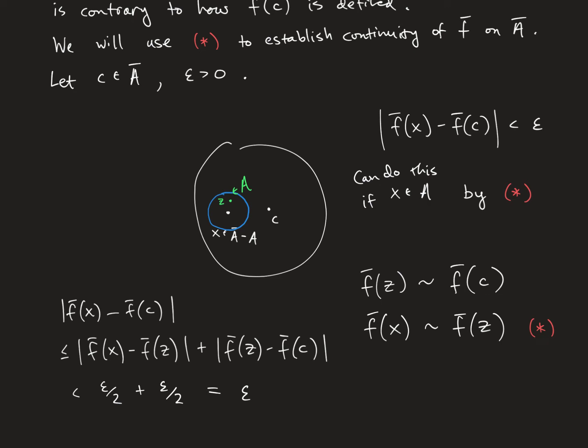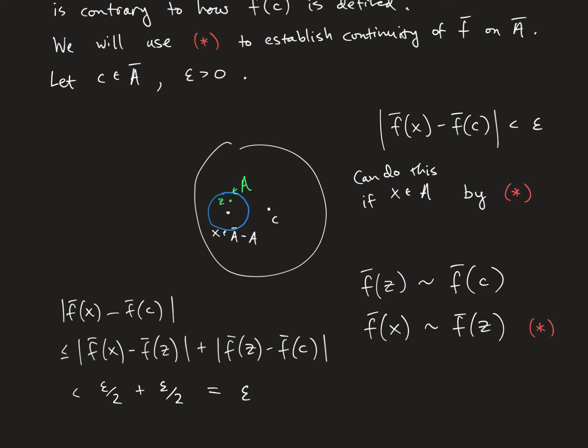Okay, so we have the epsilon over 2 challenge around C, that's our starting delta ball, and then this ball here will have to be small enough to respond to the epsilon over 2 challenge around x and fit inside of this original delta ball. Then we'll pick a z in that ball around x.